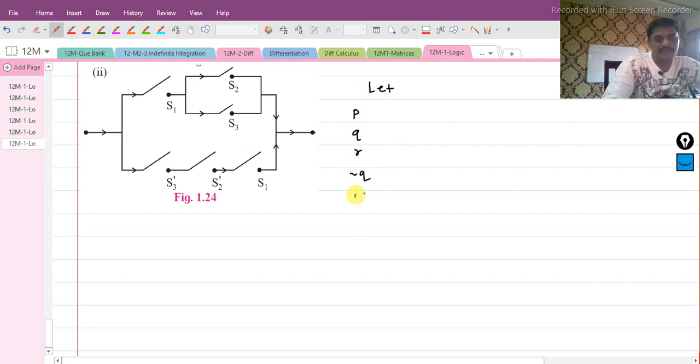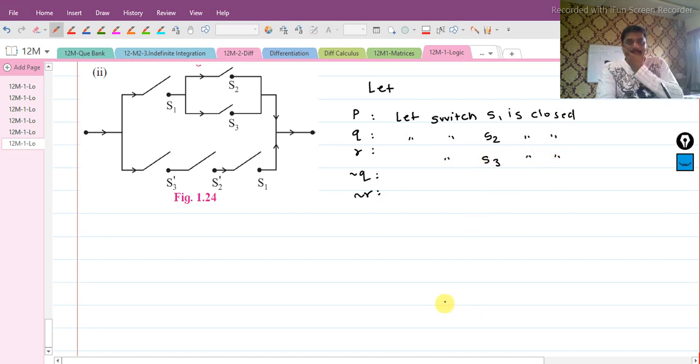Negation P. So what I'll say here, let switch S1 is closed, switch S2 is closed, switch S3 is closed. Negation Q, what will come? Switch S2 dash is closed. And this is switch S3 dash is closed.